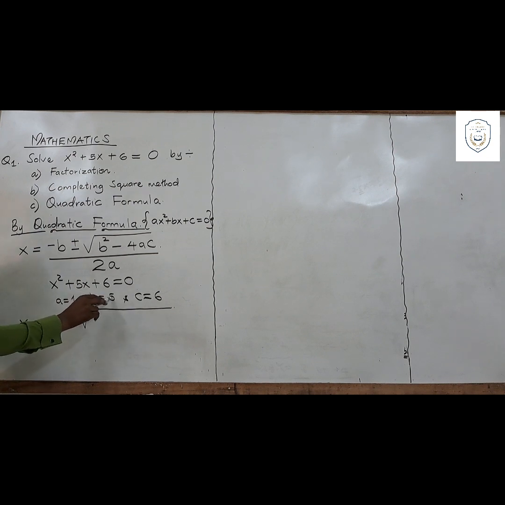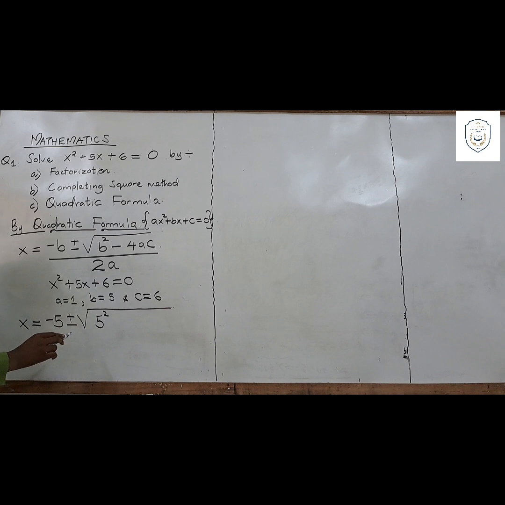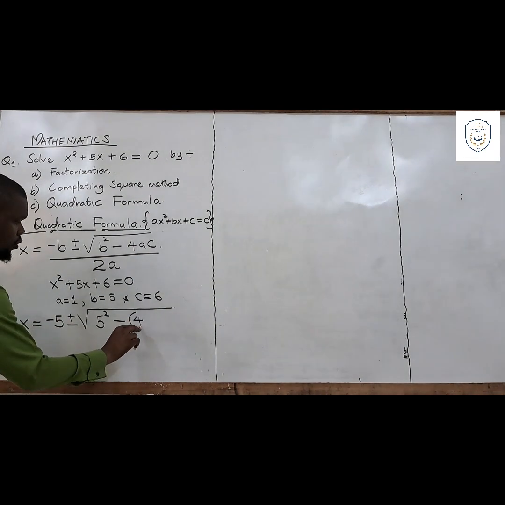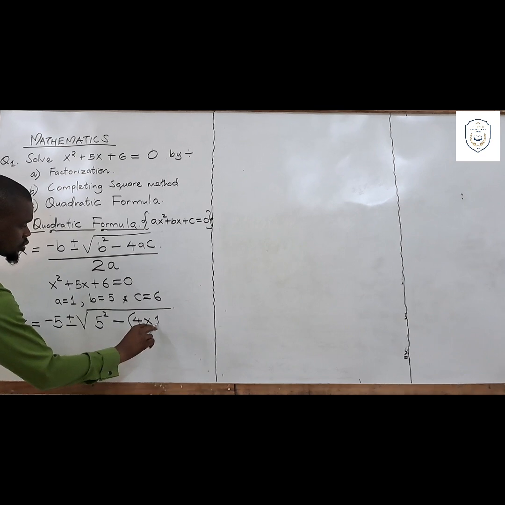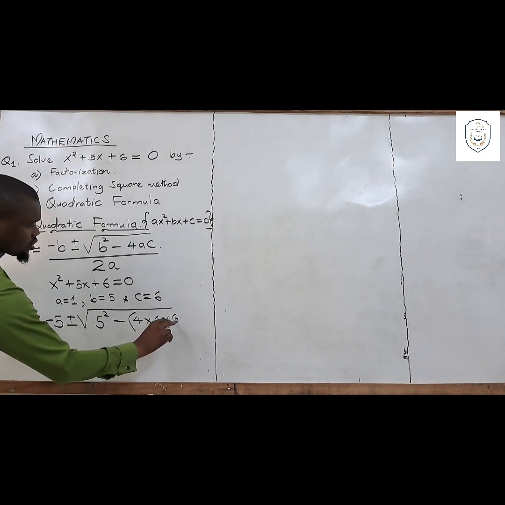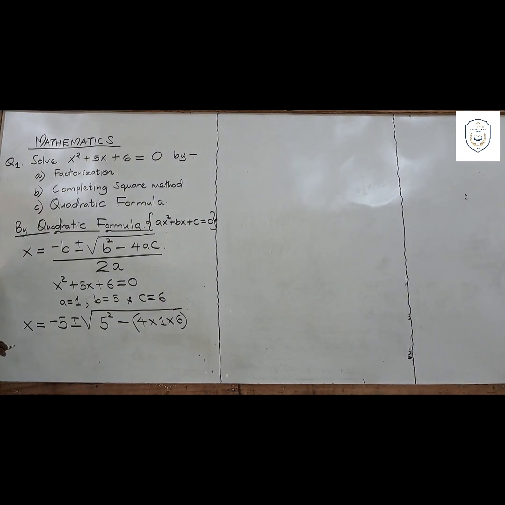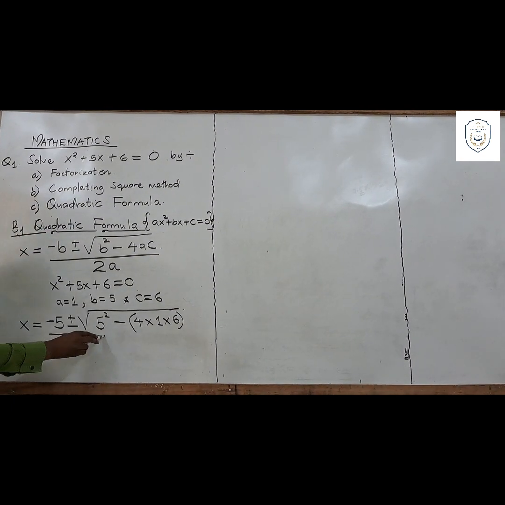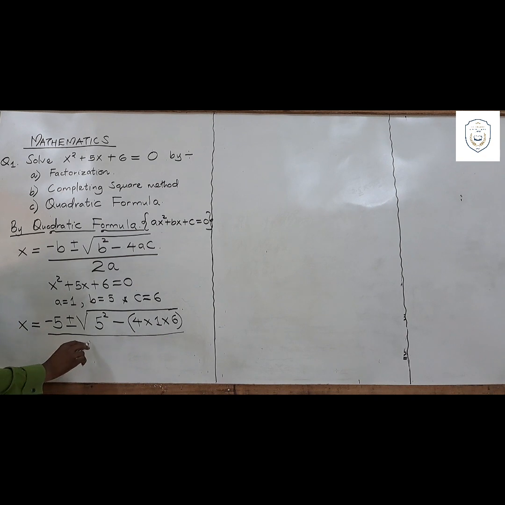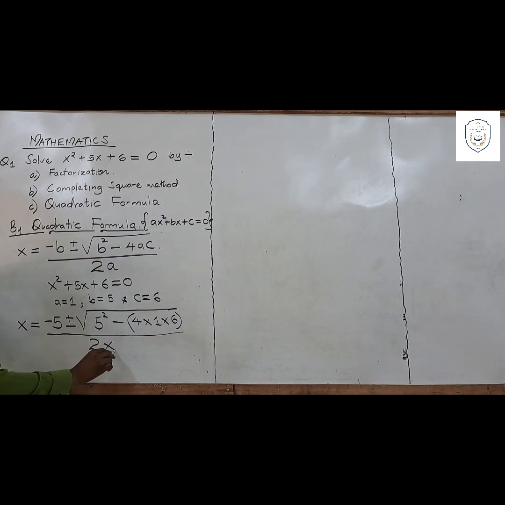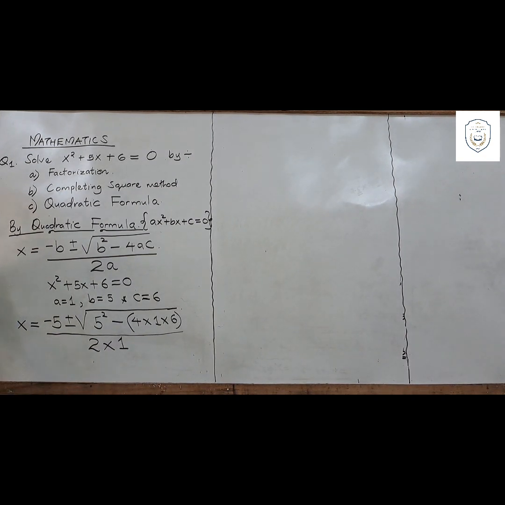Our b is still 5, and therefore b squared will be 5 squared, minus, let's put a bracket there, 4 multiplied by our a, which is 1, multiplied by our c, which is 6. I hope that is clear. And then everything is over 2 multiplied by our a, which is 1.